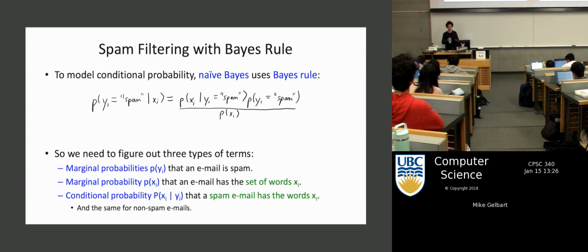So this is Bayes' rule applied to this situation. It says the probability that a particular email is spam given its feature vector is equal to the probability that you would see such a feature vector in a spam email. That kind of makes sense. Multiplied by the overall probability of spam.